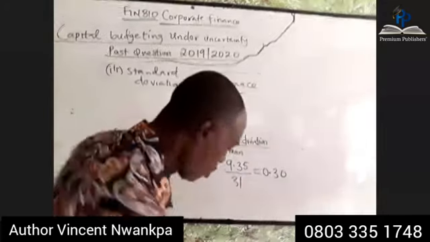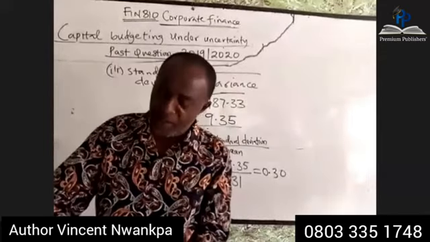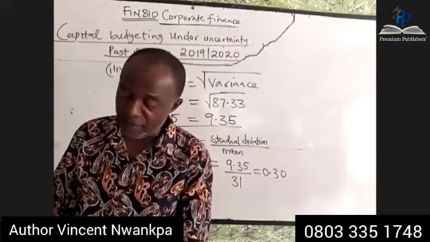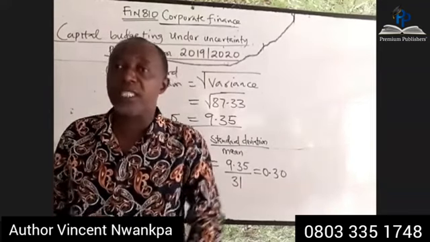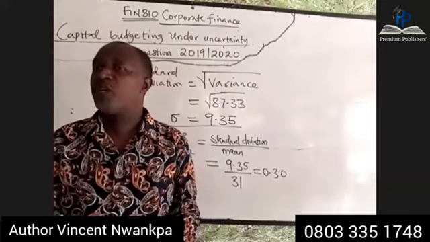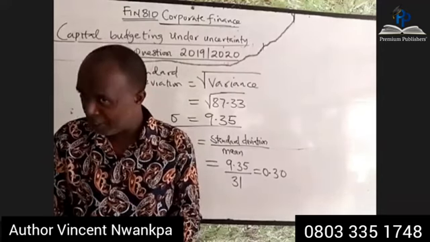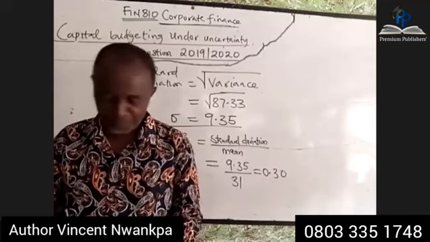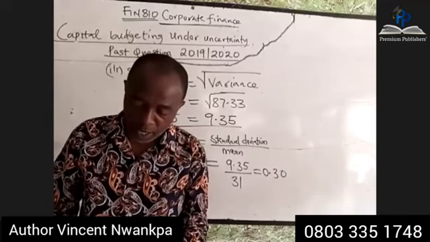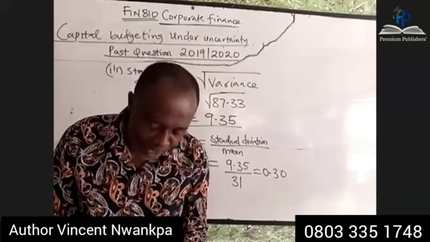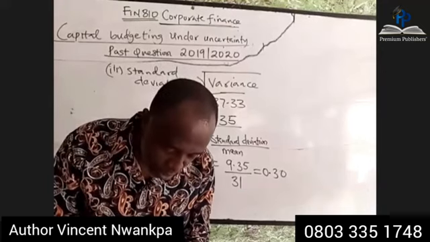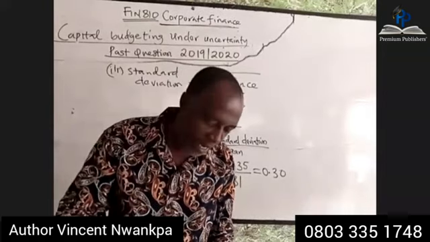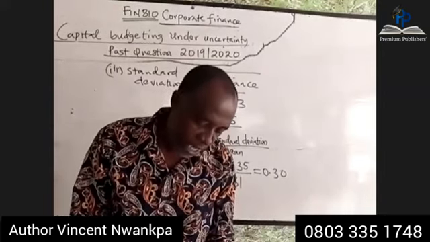So look at the question. The question says, Scholar Wole Limited is considering an investment project costing 14,000 naira. Remember, we are still doing NPV, even in this. The company has determined the following discrete probabilities for the net cash flow generated by the contemplated project.